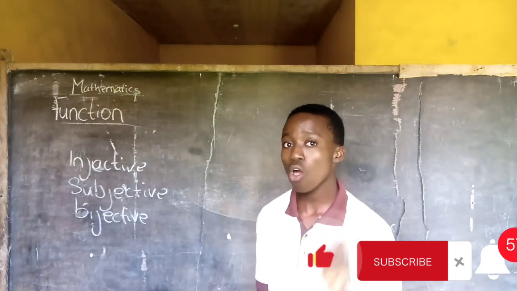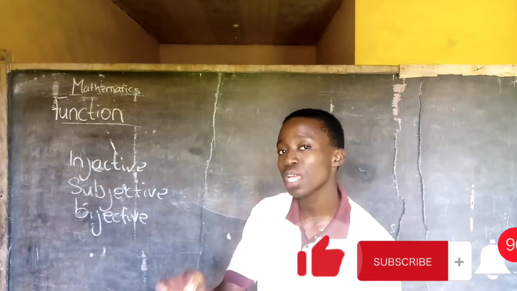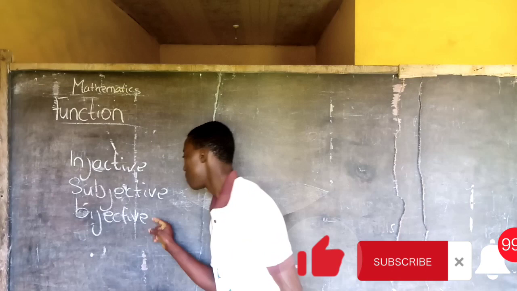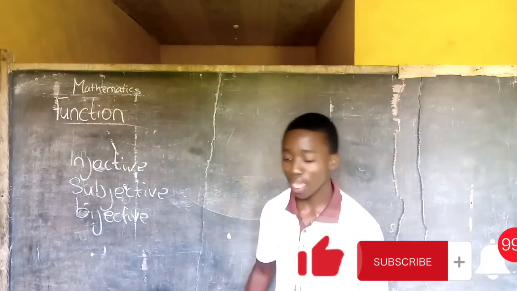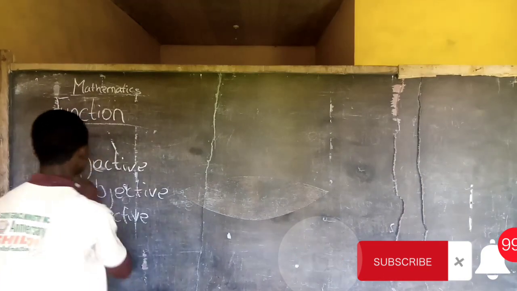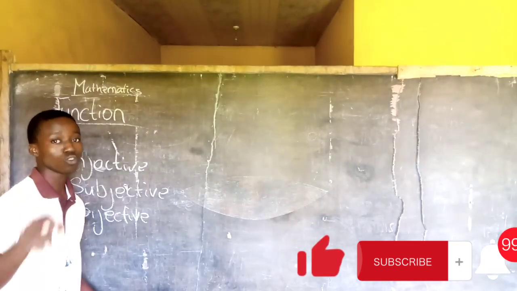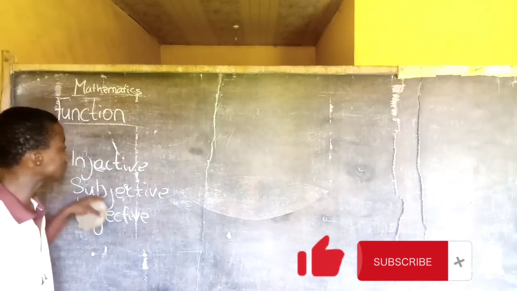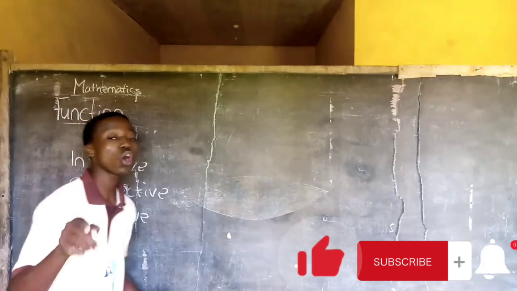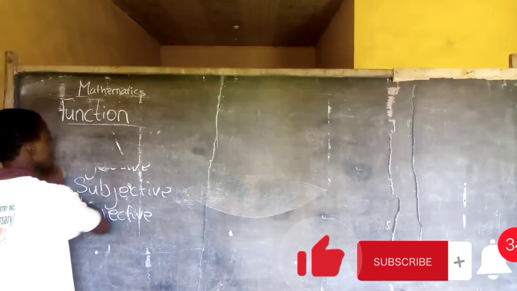Meaning that all 5 children will be having a car of their own. That is what we call a bijective function. Yes, like I said, the other name for injective function is one-to-one function, and the other name for surjective function is what? Is onto. Alright, let us proceed.